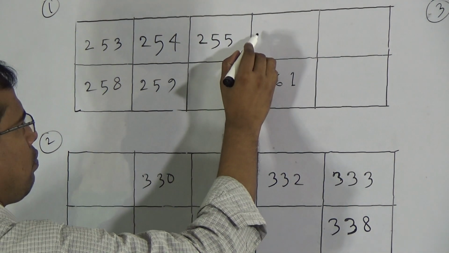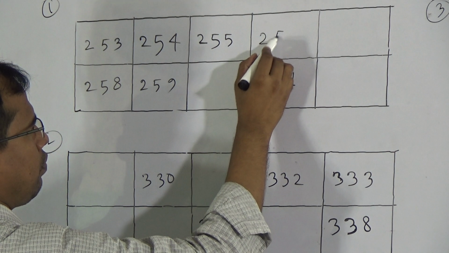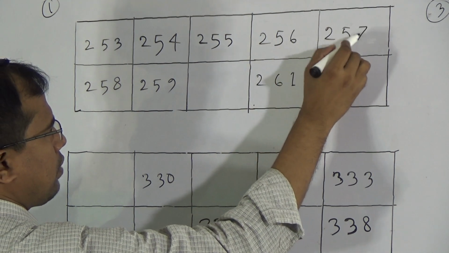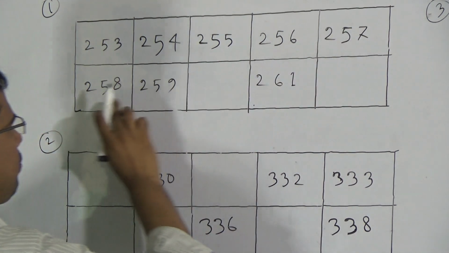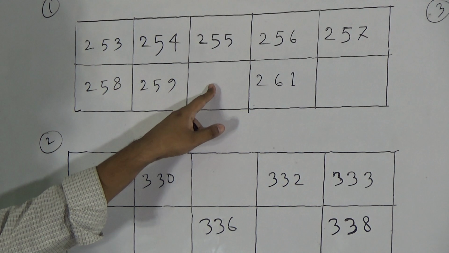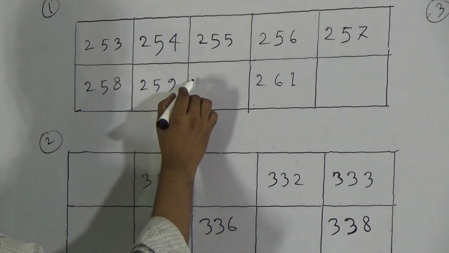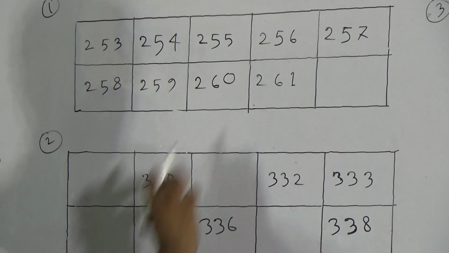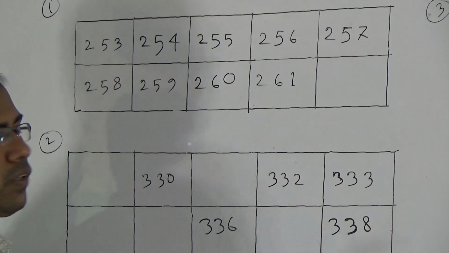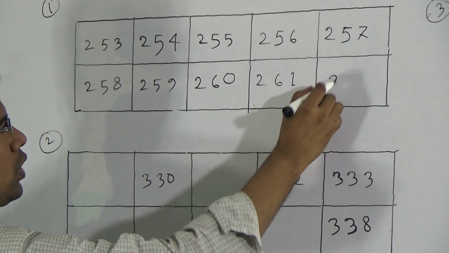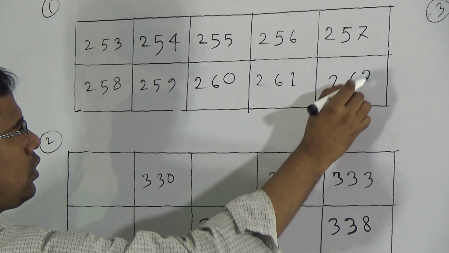So next number will be 256, then 257. After 257, 258, 259, then which number will come? It will be 260, then 261, and last number will be 262.